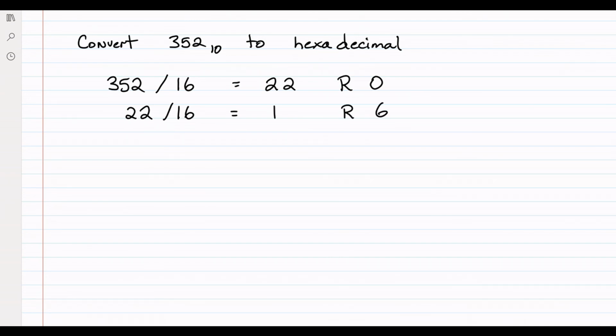Okay, 1 times 16 is 16, 22 minus that 16 is 6. And then 1 divided by 16 is 0 with remainder of 1. Okay, so those are all in their equivalents, so I don't need to change it into the letters. So this would be 160 base 16.